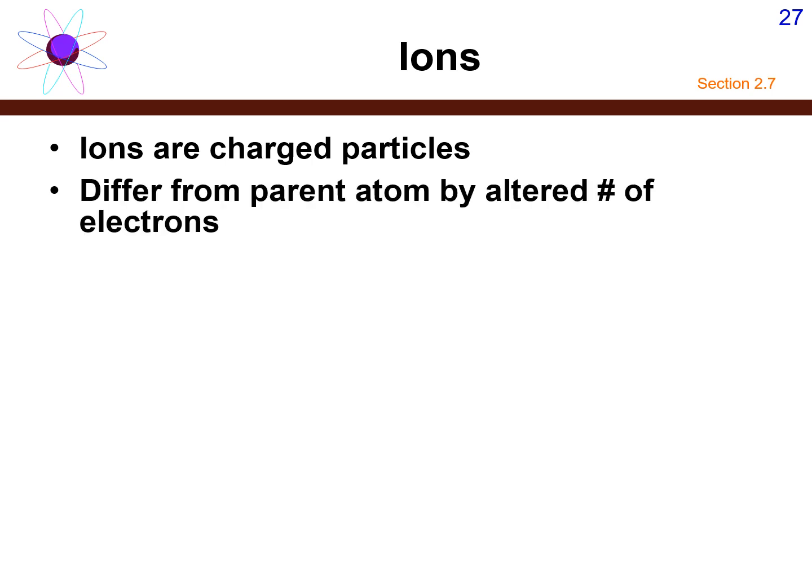Now remember, in an atom on a periodic table, for example, if this is an atom in the nucleus, let's say we have 2 protons, we're going to have 2 electrons to neutralize those 2 protons. Now with ions, what happens is we lose electrons or we gain electrons.